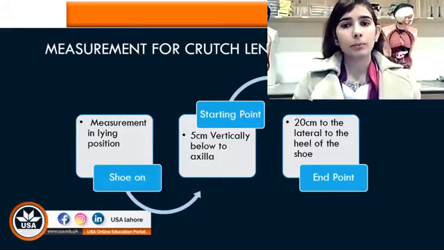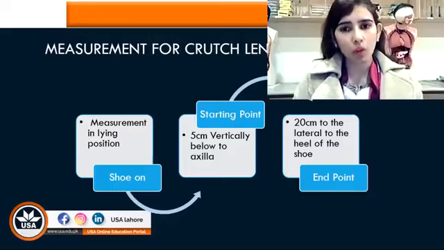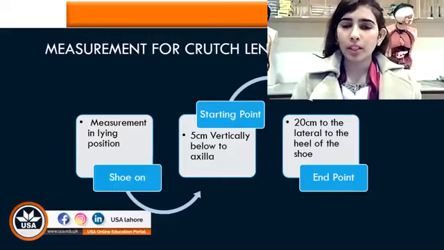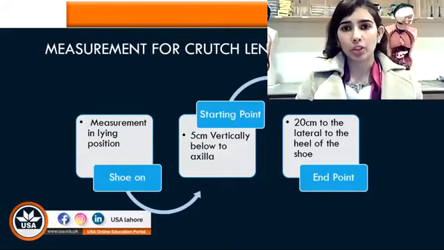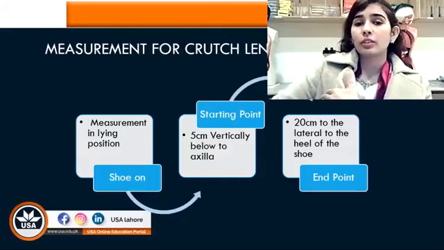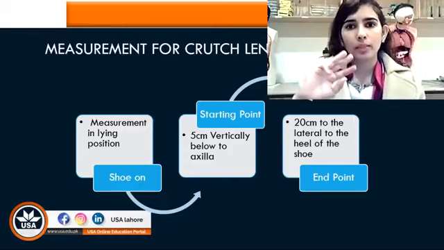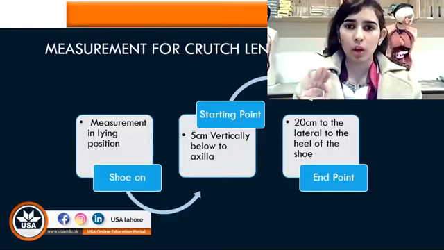Next comes the measurement in lying position when the patient has the shoes on. If the shoes are on, we will take measurement from 5 centimeters below the axilla. So from the axilla of the patient, we will have 5 centimeters below, that would be 2 to 3 fingers distance from the axilla, and we will keep that distance even when the patient is walking.